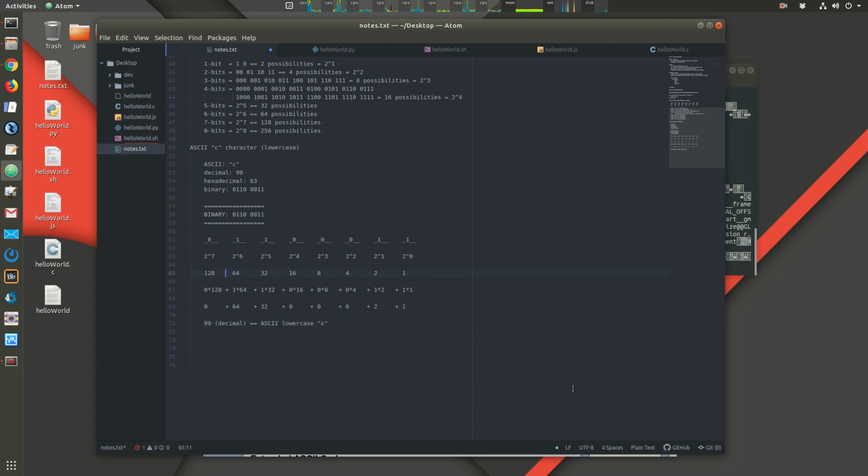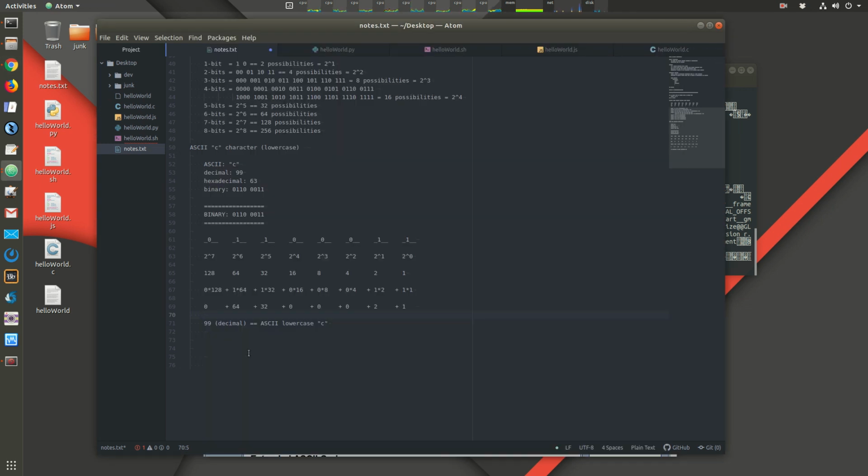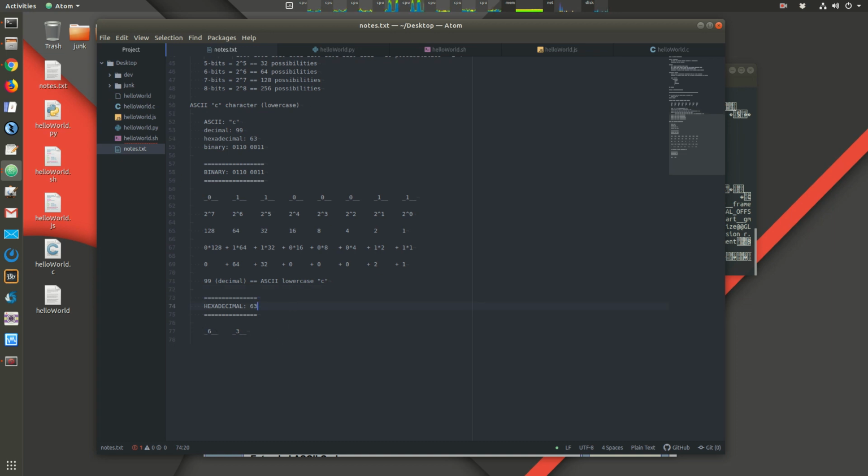Alright, now let's look at the hexadecimal version. Okay, if we look at our ASCII table, we see lowercase c, right, there's our decimal 99, and we see 63. So in hexadecimal, this is 63. Alright, so we've got our 2 digits of hexadecimal data.